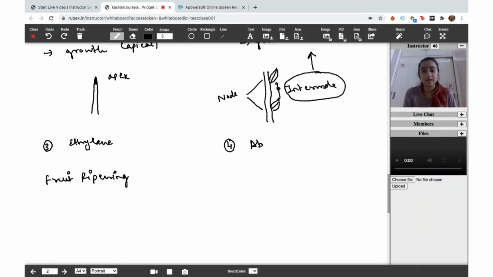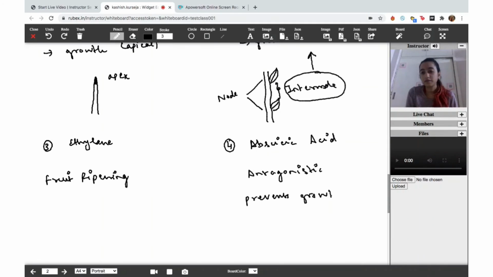Afterwards, abscisic acid. Abscisic acid is known as an antagonistic hormone. Antagonistic means, if I write it in Hindi, it means sab kaam ulte. Everything the opposite. It prevents growth. ठीक है?